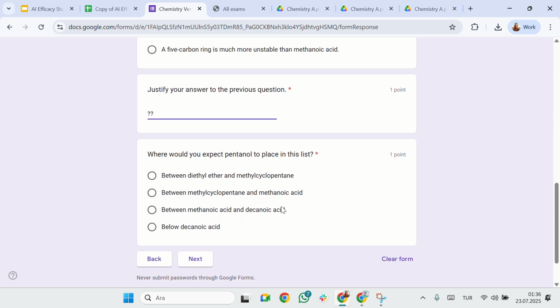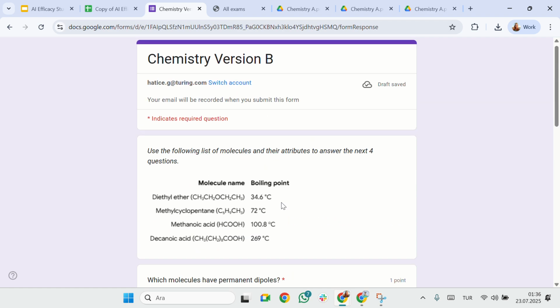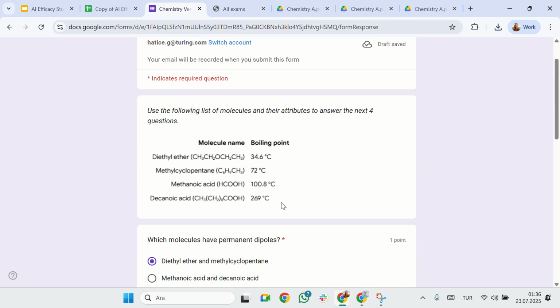Where would you expect pentanol to place in this list? Pentanol. So 5-carbon alcohol. Alcohol should have a higher boiling point, so it cannot be in here. But I think it will be between the ethyl ether and methylcyclopentane.